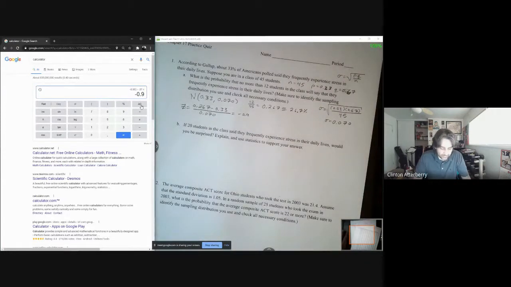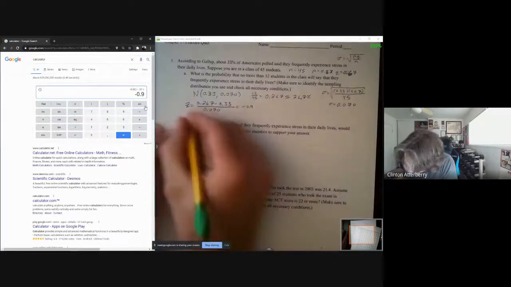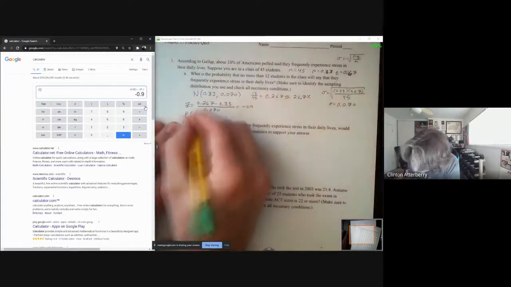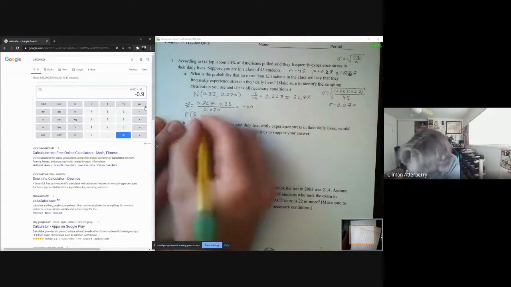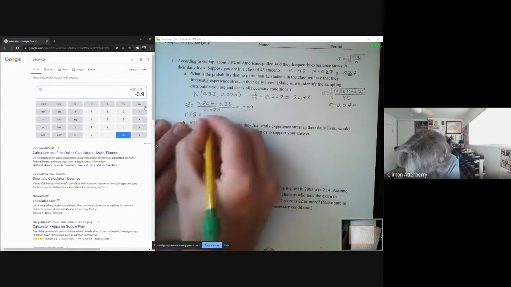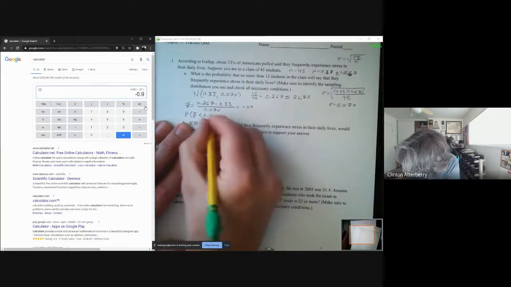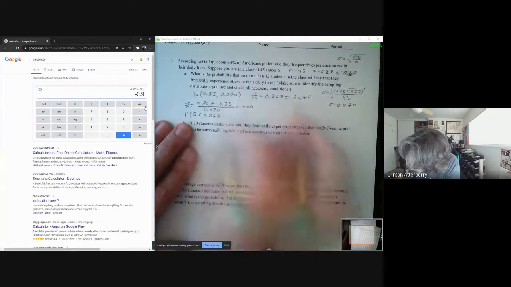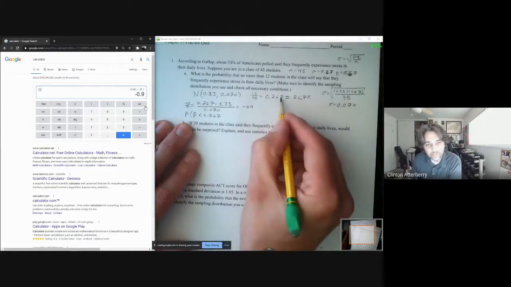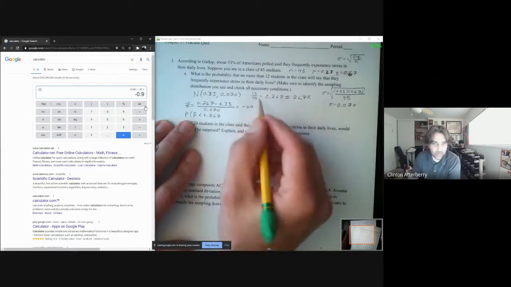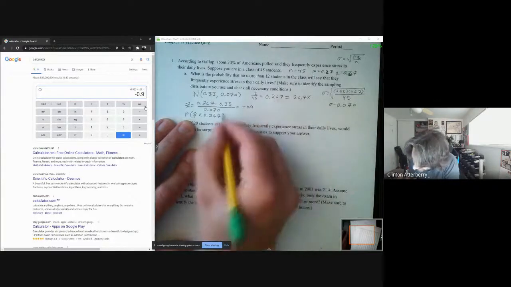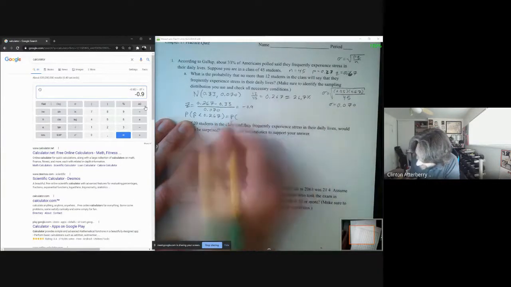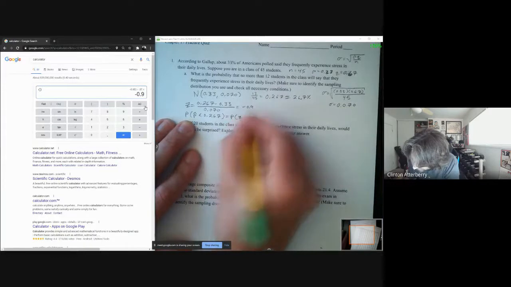So once you find the z-score, you should go to the z-table. Before I do the z-table, I'm going to set it up. I'm going to say the probability of having an observed value that is less than 0.267. I'm going to throw in that proportion of 12 out of 45. So the probability of having a proportion that's less than this amount is the same as finding the probability of getting a z-score that's less than that number.